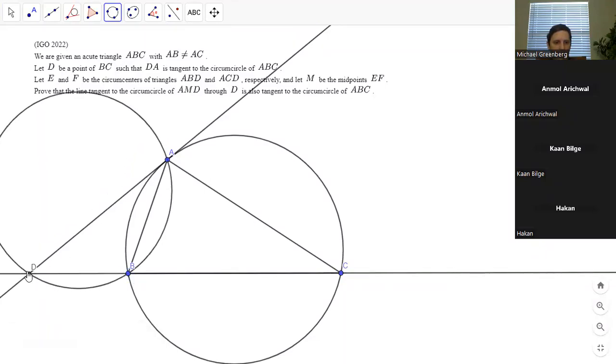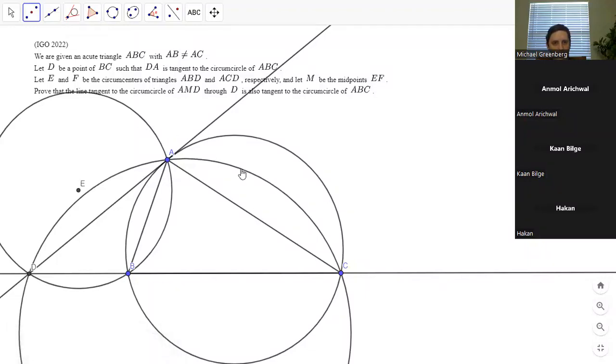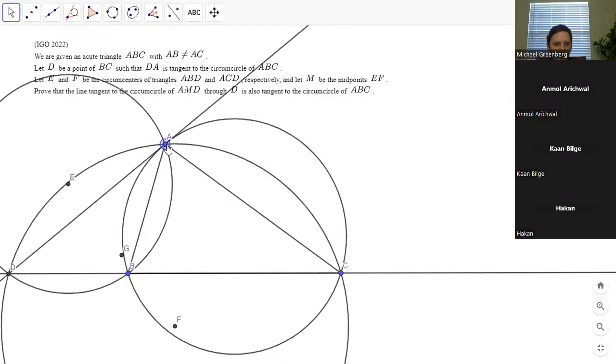Interesting. This almost looks a little bit like Kel's theorem, maybe. E and F. M is the midpoint of EF. We want to show the line. Let's see what it says.